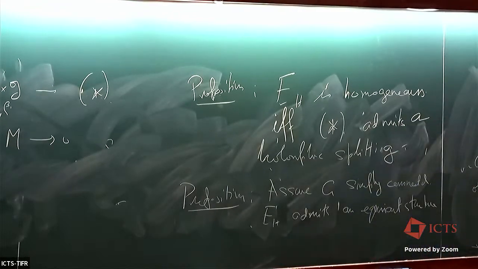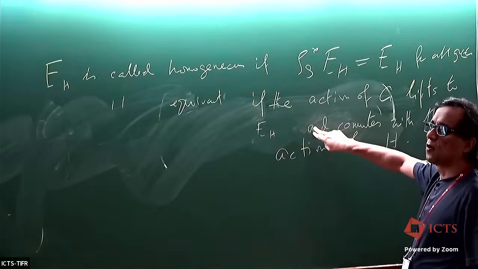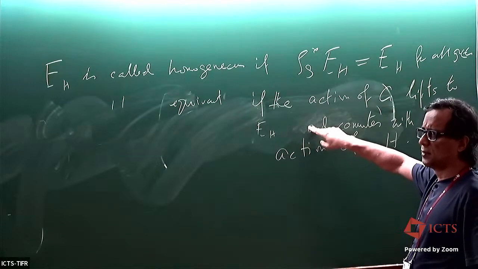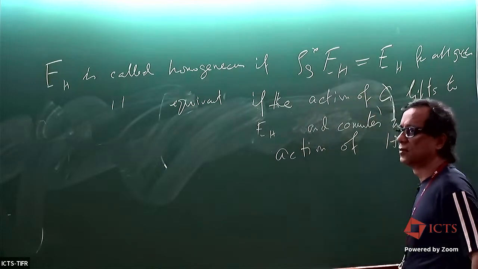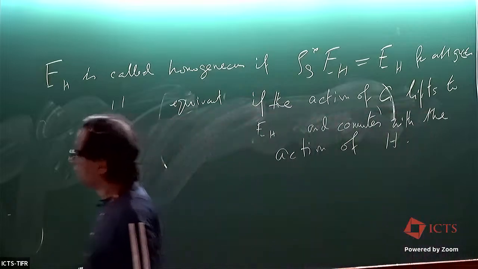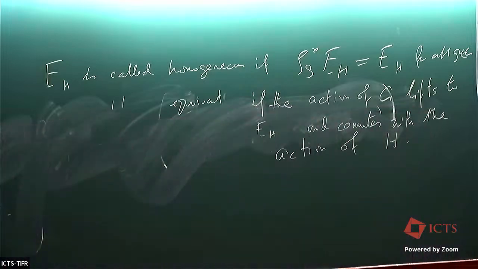Of course, equivariant implies homogeneous, because for each element, using the action, the pullbacks automatically become isomorphic. So this is a stronger condition, where the action lifts, than the pullbacks merely being isomorphic. So of course, equivariant implies homogeneous.